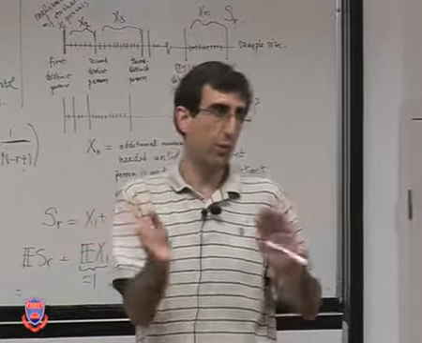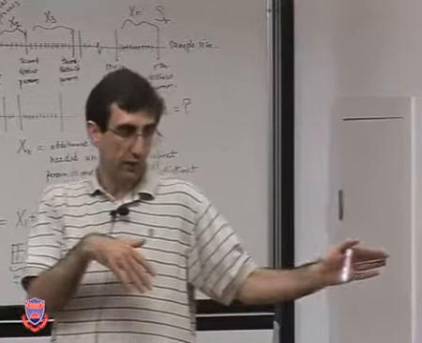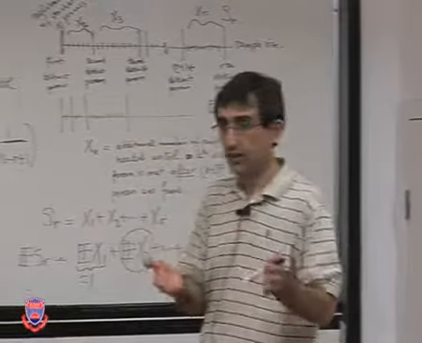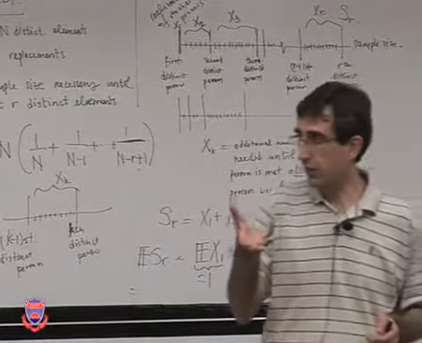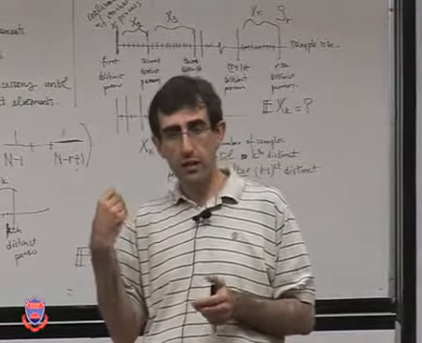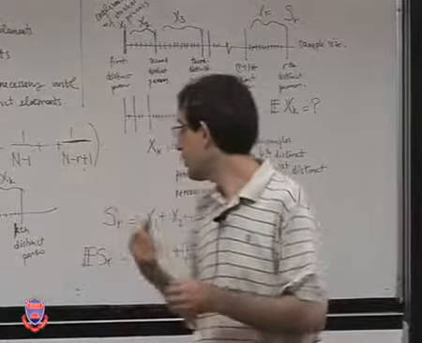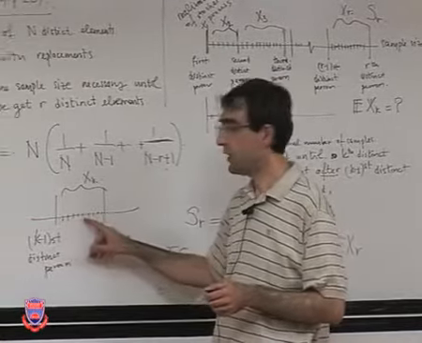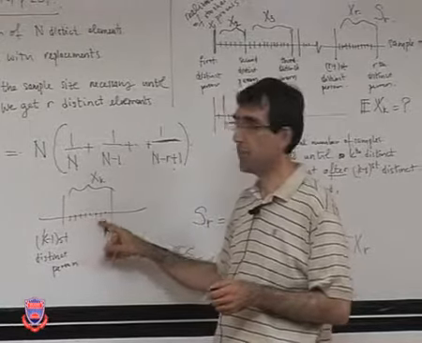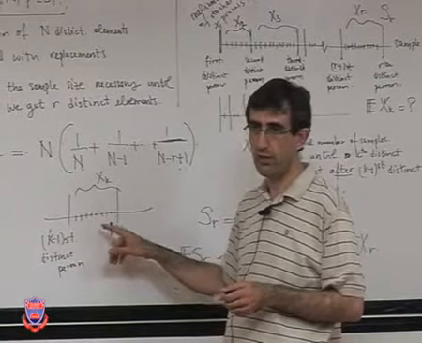Nobody left the classroom, I did not add another person, and I am still selecting people completely at random. So all these experiments are statistically identical, and they all have the same success probability.